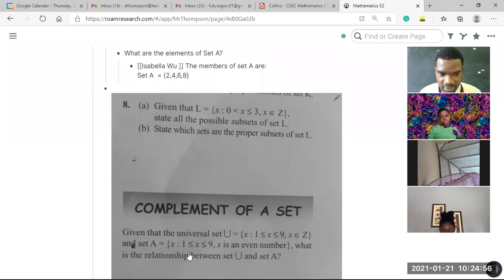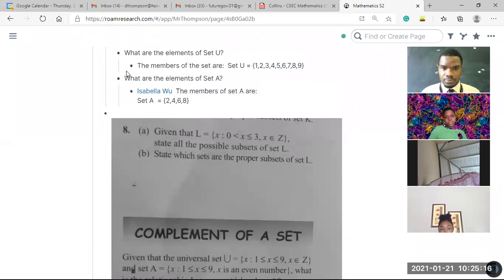Let's go back to set A. Look at set A for me. All the x values that are even numbers. So 1 is not an even number, we wouldn't put it in the members of set A. 2 is a member of set A because it's an even number. 4, 6, and the final one is 8. Everybody understand that? Yes, sir. So we know our two sets.